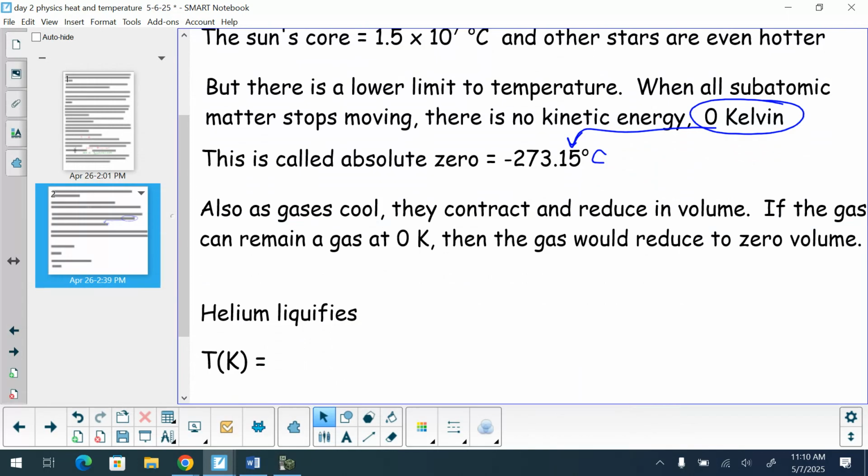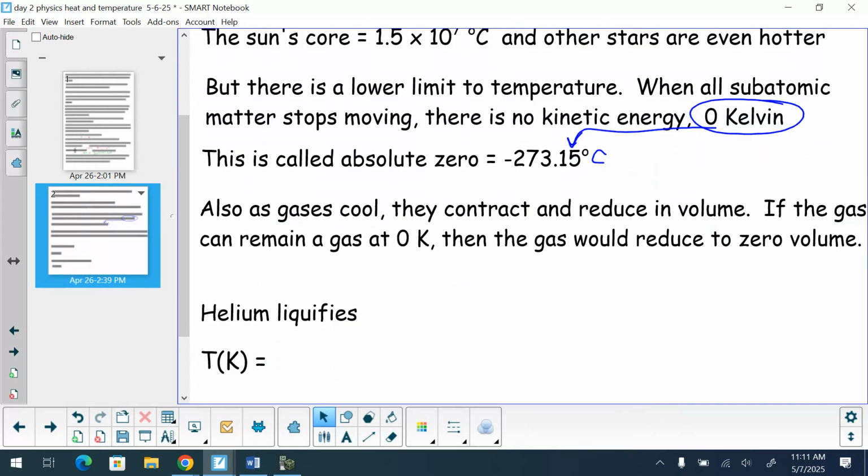As gases cool, they contract and reduce in volume. If the gas can remain a gas at 0 Kelvin, then the gas will reduce to 0 volume. Because when you cool a gas, it will liquefy.